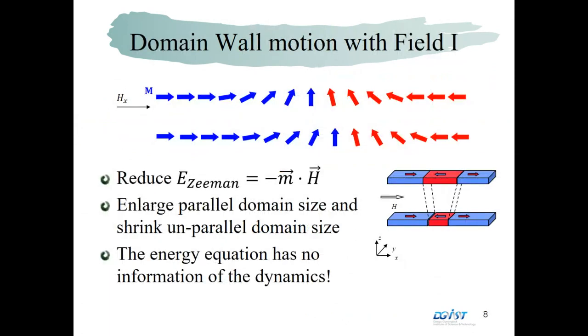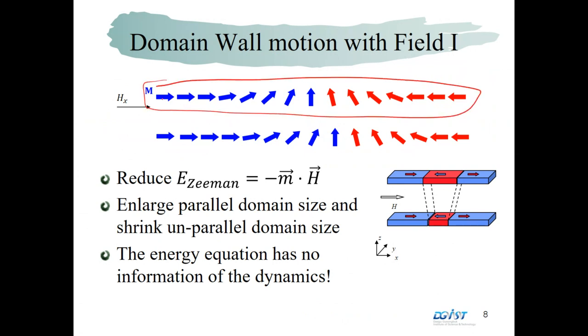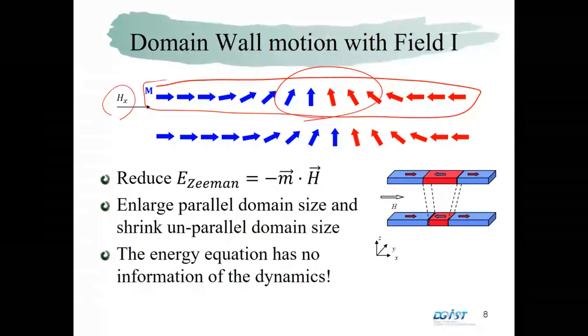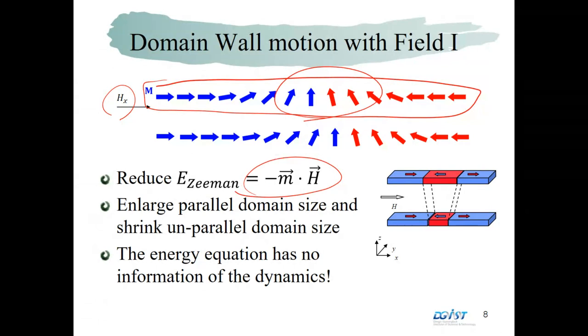Okay, so let's think about the field-driven domain motion. In this cartoon, I represent the magnetic direction with the blue arrow and the red arrow in two domains, and there's a domain over here. With the external magnetic field, because of the Zeeman energy, the magnetization prefers the direction parallel to the field.